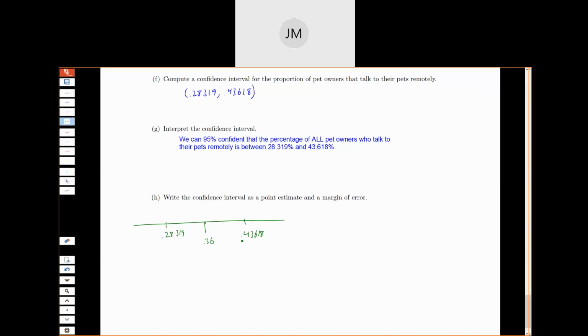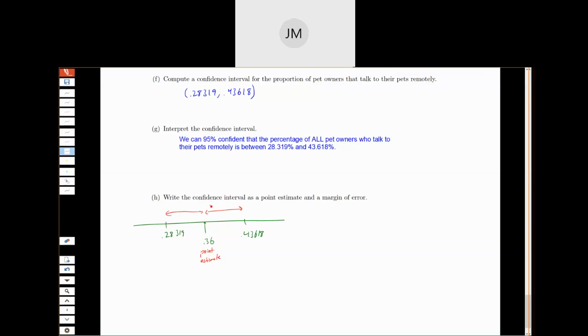But I know that's going to be it, right? My calculator tells me that p hat is 0.36, and that's my point estimate. The margin of error is just the distance from your point estimate to the outside of your interval. Because this is exactly halfway between these two, I know both of these sides are the same.